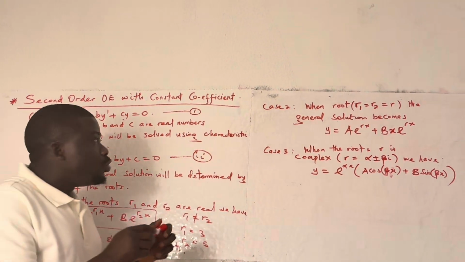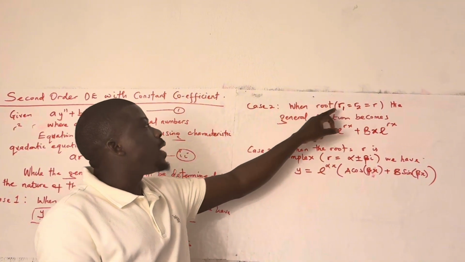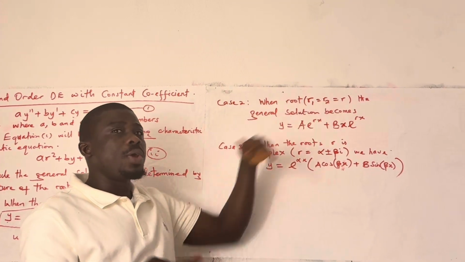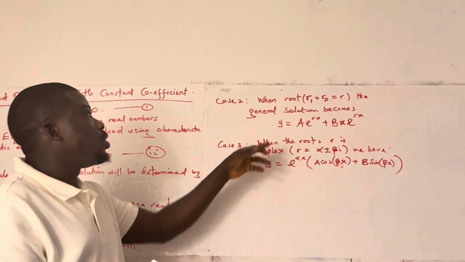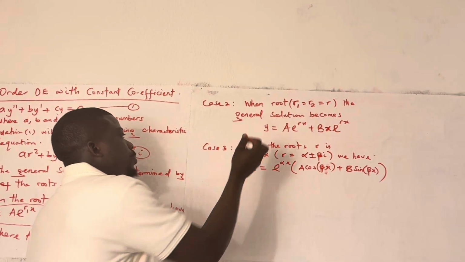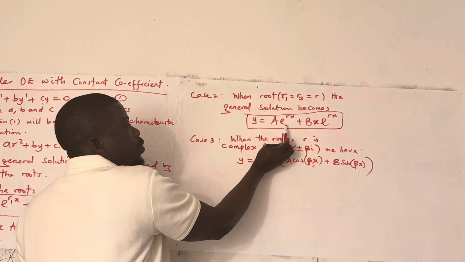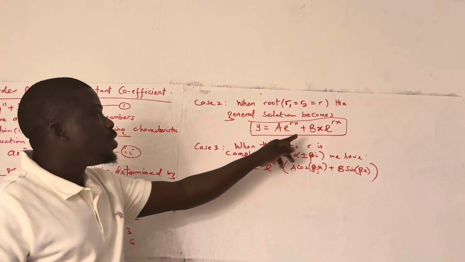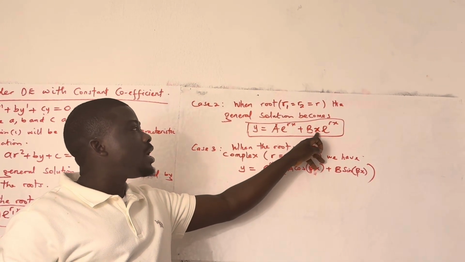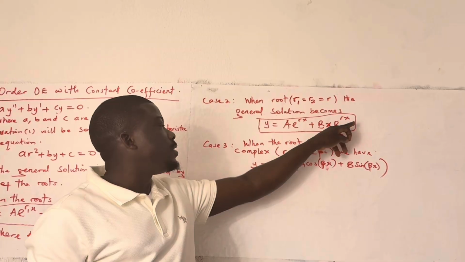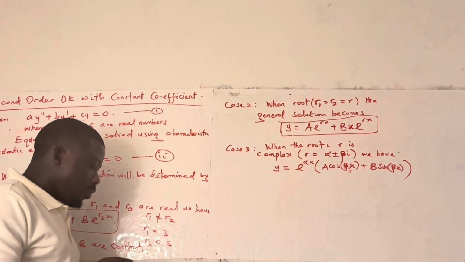So in case 2, when R1 and R2 are equal, when we have a repeated root, we have a general solution of this form, where y equals exponential Rs times A plus B s. We have case 2 of that form.